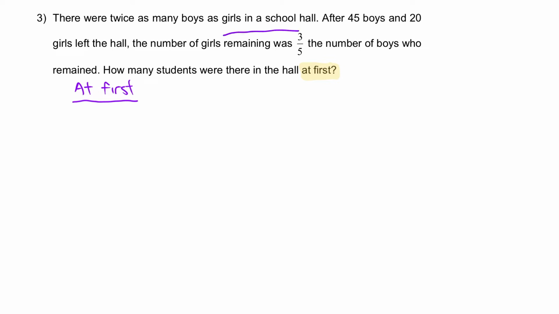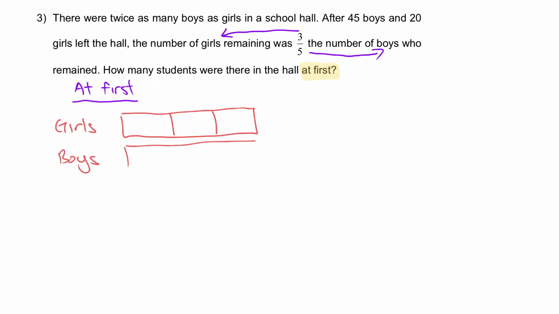So the girls are 3 units and the boys 5 units. Girls 3 units, and then for the boys, 5: 1, 2, 3, 4, 5.